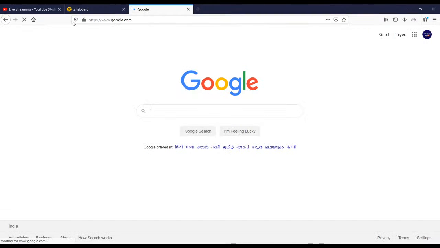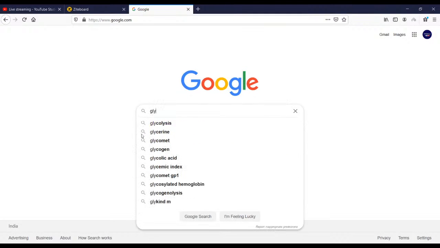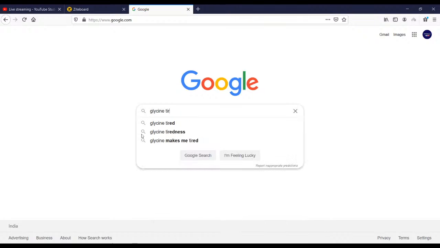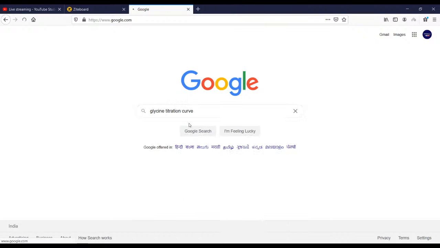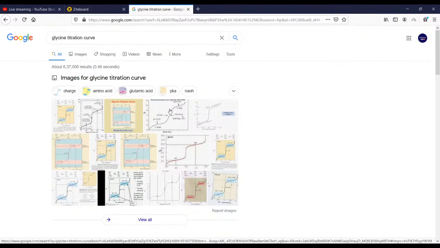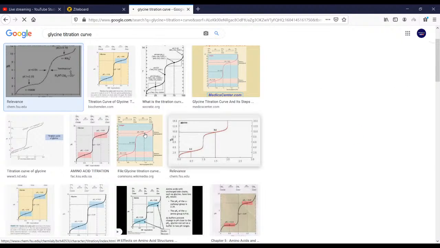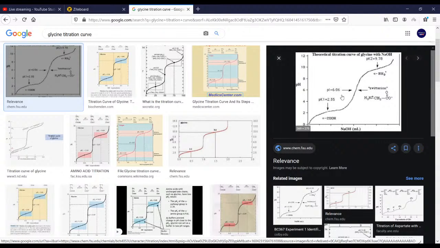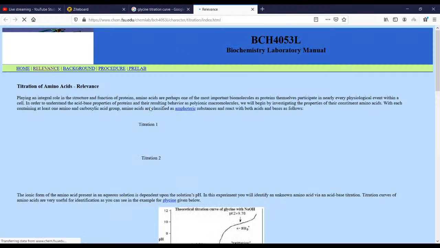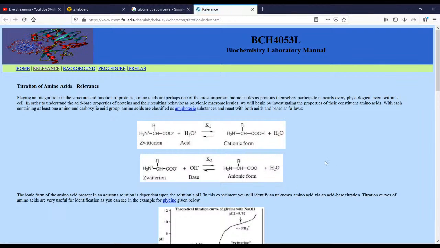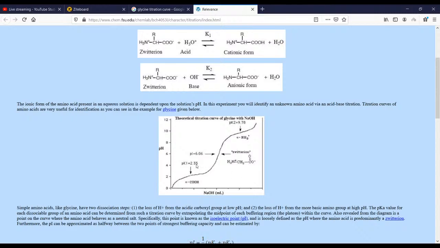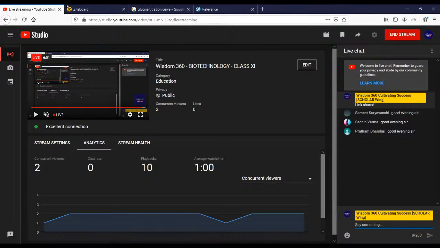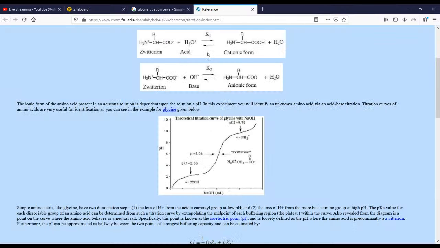Titration curve of glycine. If you see this graph, what we see is, good evening Pratham, that we have got two pKa's.